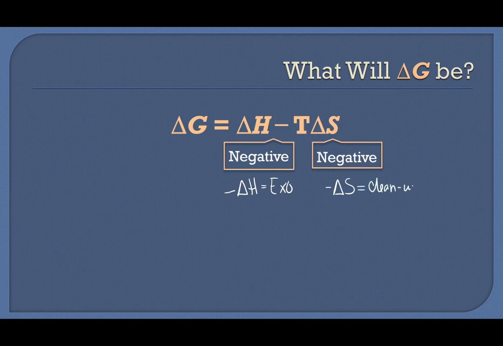So cleaning is a bad thing. It's unfavorable. So we've got a favorable and we have an unfavorable. So we're going to have a negative number minus another negative number.